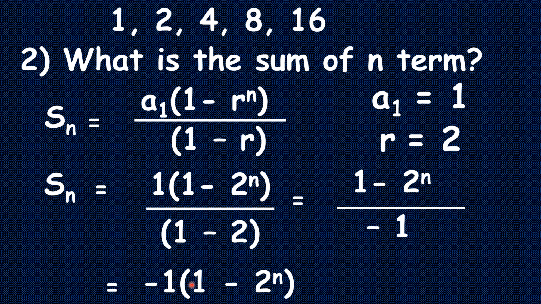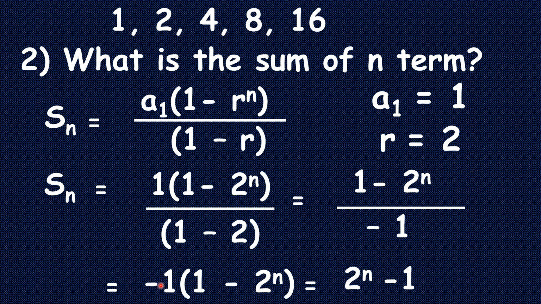By the time we open up these brackets, minus 1 times 1 is minus 1, minus 1 times minus 2 raised by n, it now becomes positive. So what we have is 2 raised by n minus 1.